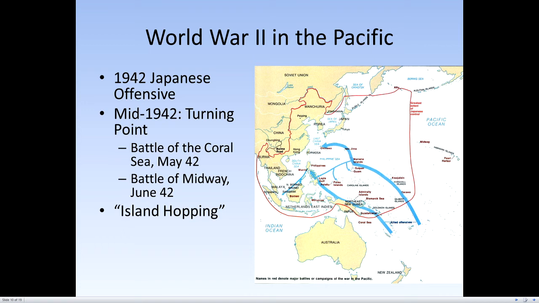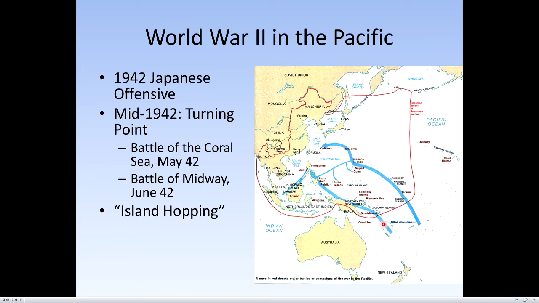The two offensive campaigns are going to be called island hopping. Sometimes they call it leapfrogging in history books, where basically you're going to have two commanders. The first commander is going to be Chester Nimitz. He was the admiral of the Navy, and he's going to lead an island hopping campaign up this line, as it's working its way up here. The other is going to be Douglas MacArthur.